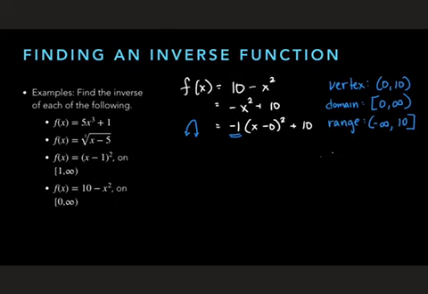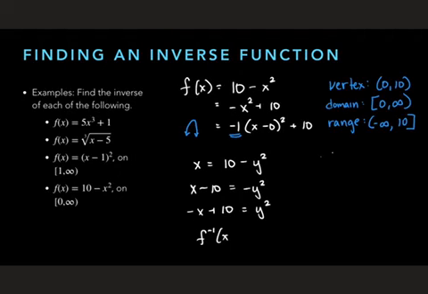I've restricted the domain, so now I can go back and find the actual inverse. So x equals 10 minus y squared. So x minus 10 is negative y squared. Divide by negative 1, so negative x plus 10 equals y squared. Take a square root of both sides.